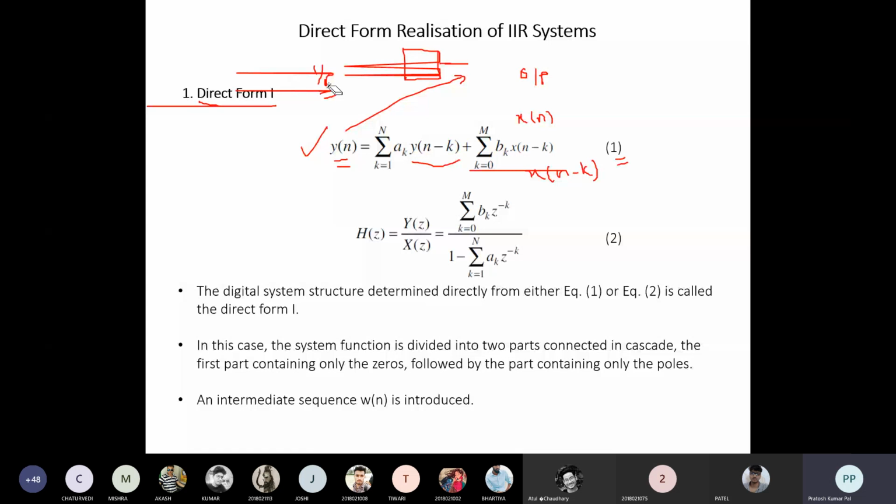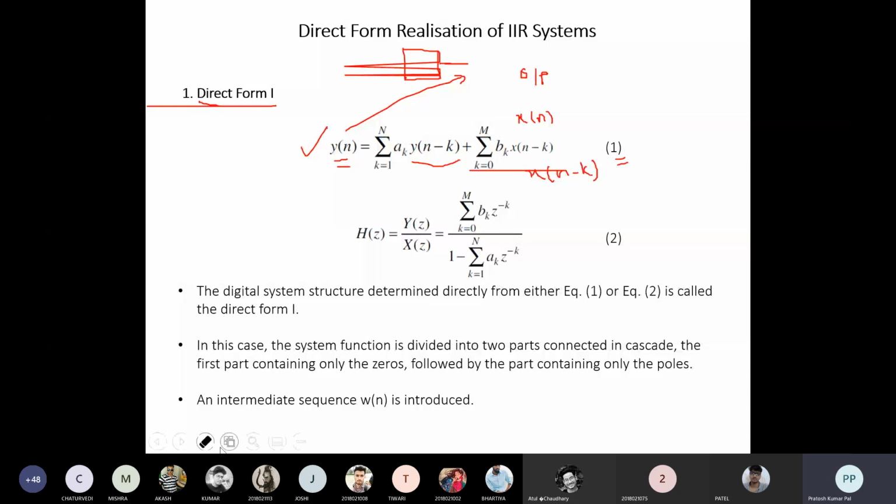Once we have taken the z transform, we will be dividing Y of z by X of z, and that will give you the transfer function. So while realizing any IIR system, first of all we will be finding the H of z, that means we need to find the transfer function first.